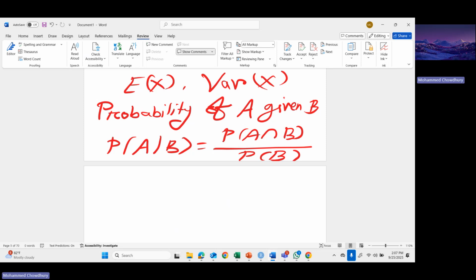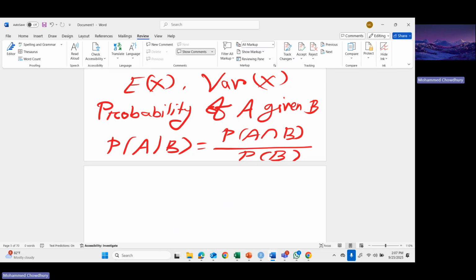So after the vertical line, we say given, probability of A given B. So what is the probability of A happening when B already happened? That is the interpretation of this notation, probability of A given B.